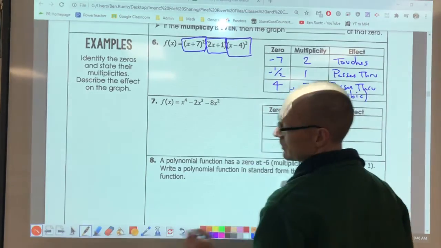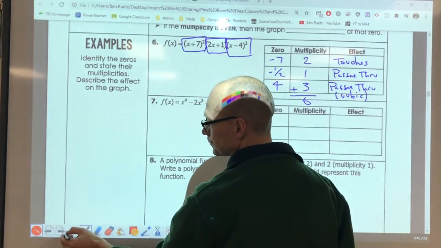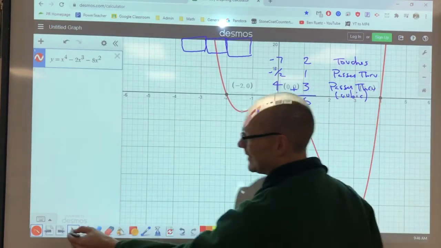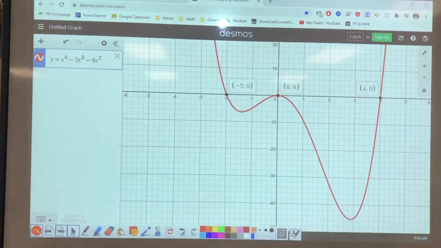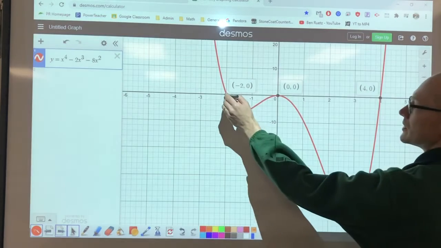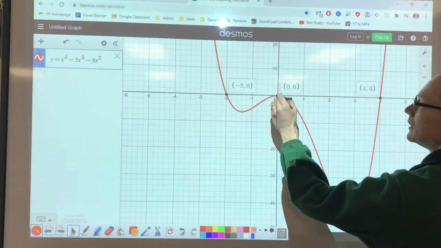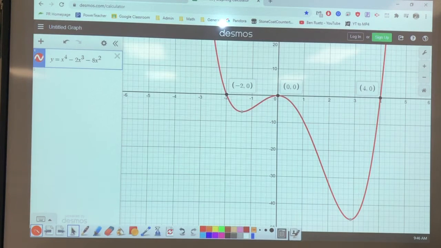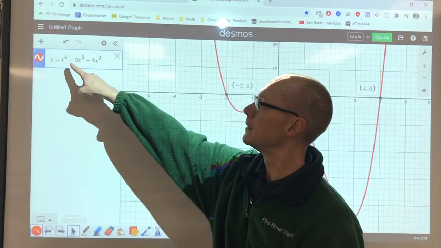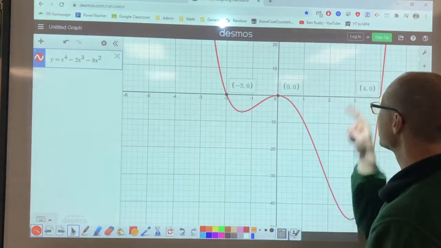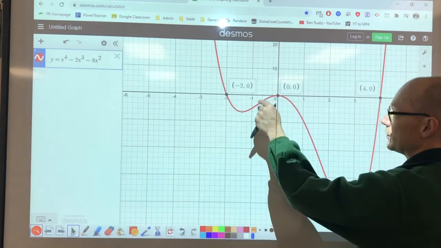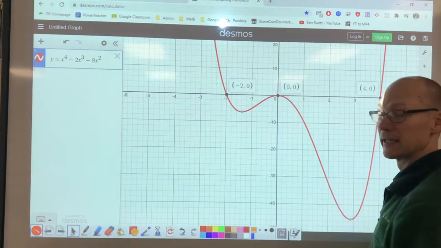And if I graph this one, what I can see is, well, it looks like there is a zero here, here, and here. Looks like there are 3 of them, but wasn't my overall degree something to the 4th? So how can I only have 3 if my degree is to the 4th? Well, you can see this one right here just touches like a parabola.